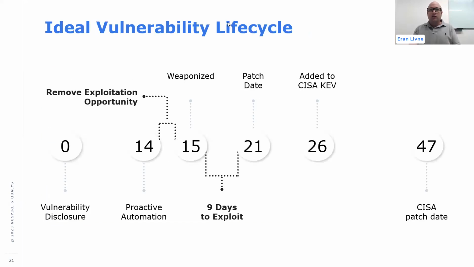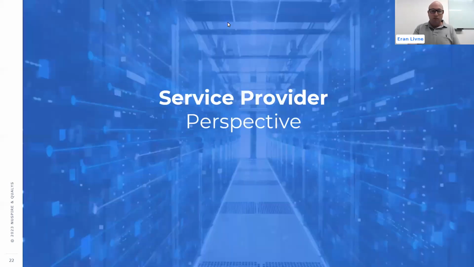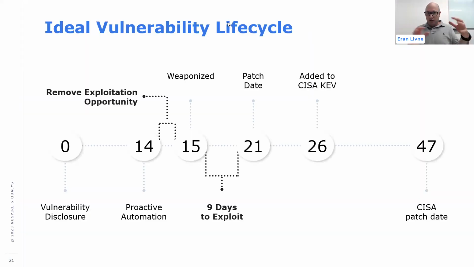And just as my last slide, remember we initially had a slide that shows how much time it takes from vulnerability disclosure all the way to remediation. If you optimize and automate, I call it proactive automation, because you're going to fix the vulnerability even before it is discovered.